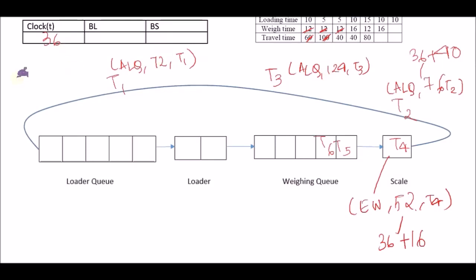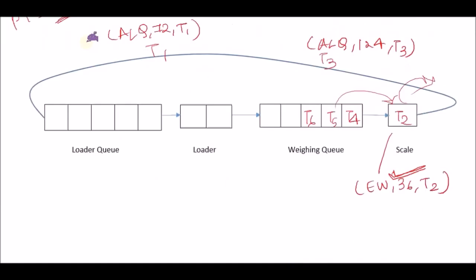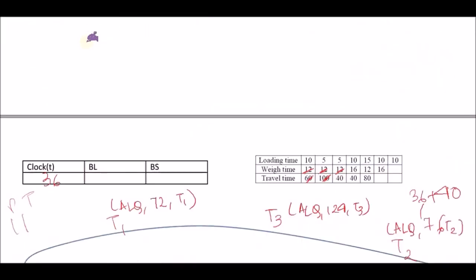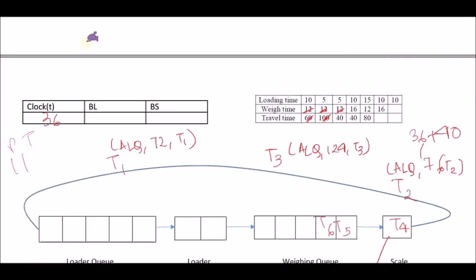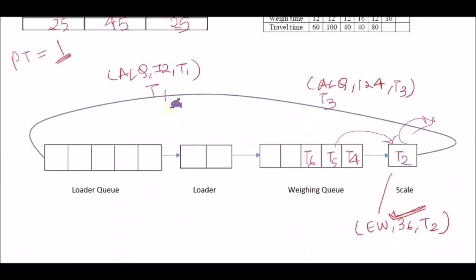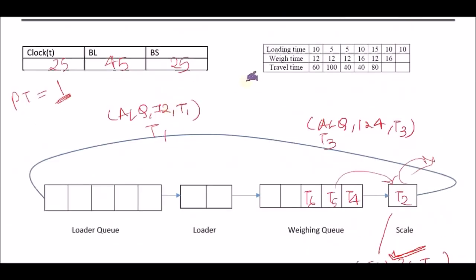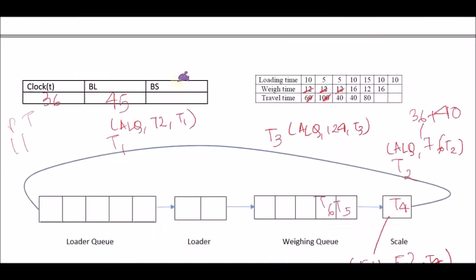The time elapsed is 11, and since in these 11 minutes the loader was completely free, only the scale was busy, BL is going to remain the same, so that's just going to be 45. BS, whereas, was 25 in the previous case, and since the time elapsed was 11, I'm just going to add 11 to it, so that's 25 plus 11, 36.